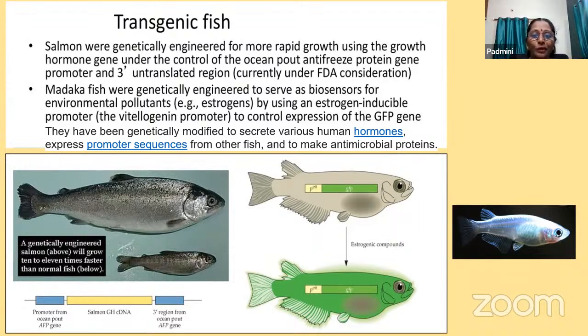Why are we going to give so much importance to fishes? When we were talking about aquaculture in class, I told you that fishes have a lot of protein content and a small amount of cholesterol.